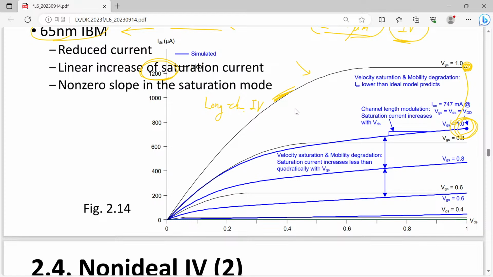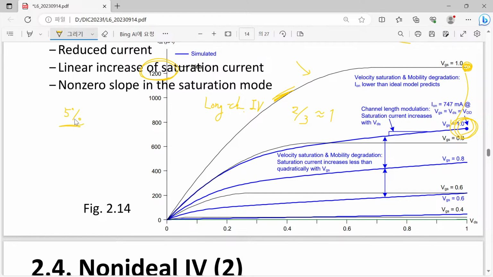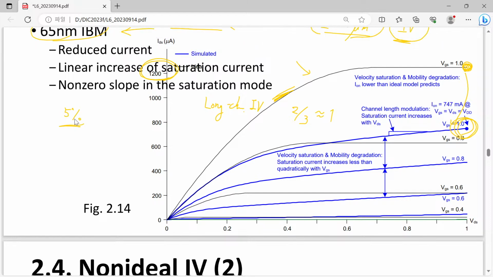Sometimes you feel that 2/3, that is not that bad. This is quite close to 1. However, please note that in the case of device engineering, they are really hungry for performance. To them, a 5% difference is really a matter of death or alive. I mean that this is really critical. A 5% difference is so critical.